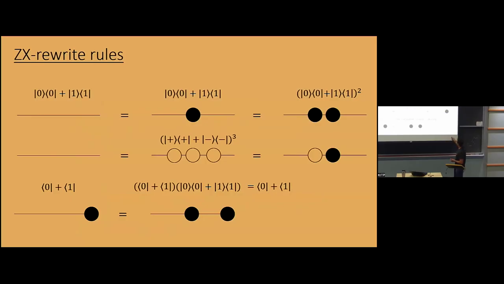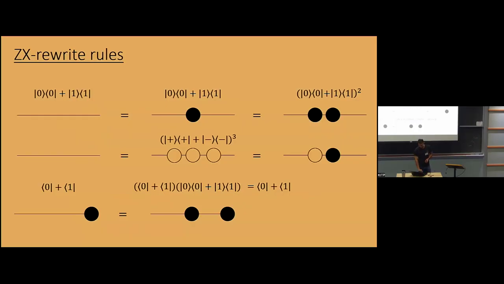And if you have just a single node with a line coming out, that means it's a state. So this is the plus state if you have a Z node with a single line coming out. And yeah, you can keep applying these rules, and you can try to go between different diagrams. Here I'm showing the simplest ZX rewrite rules.